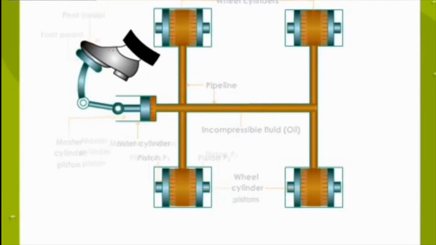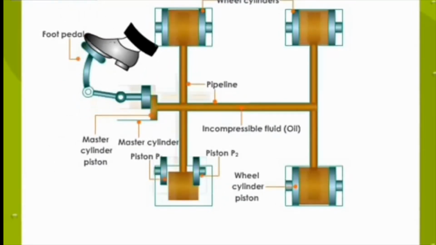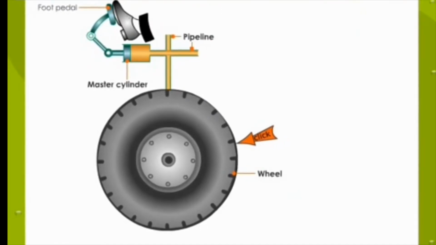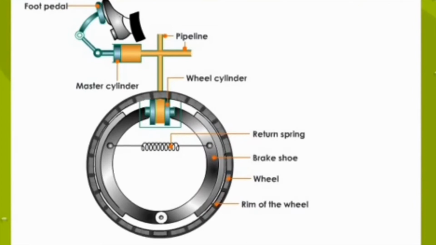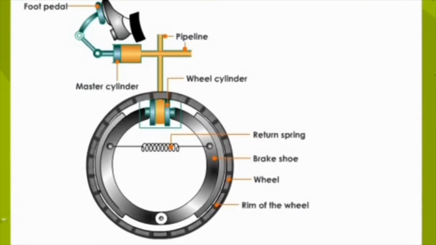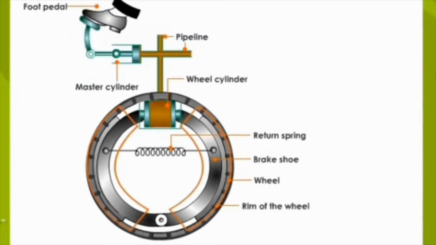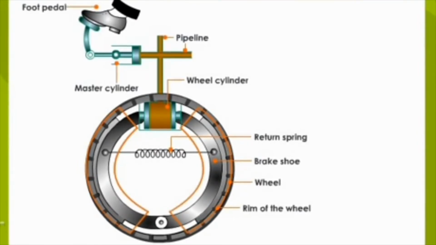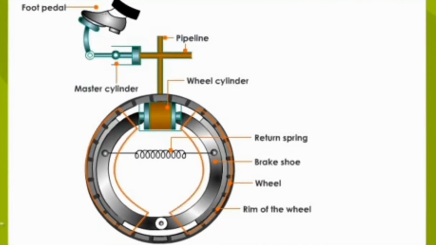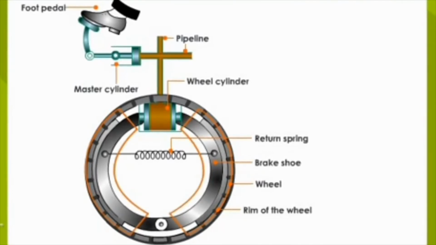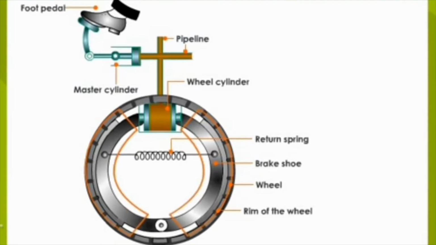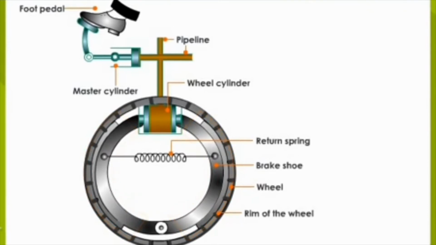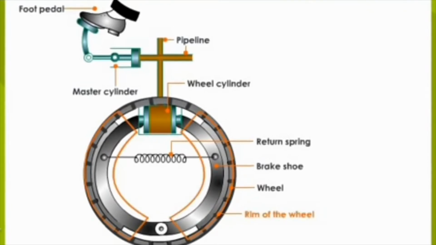Now when force is applied on the pedal, what happens? We'll just see it again. When you apply pressure through the foot pedal, the fluid from the master cylinder exerts pressure on the pipeline, and the fluid then exerts pressure on the two pistons, which in return exert force on the rim of the wheel, which retards the speed of the vehicle.